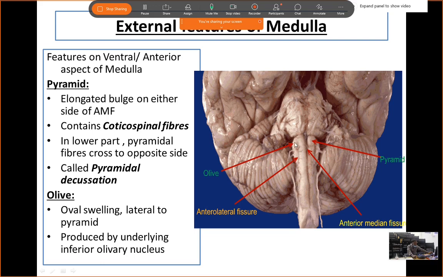This olive is produced due to the inferior olivary nucleus. Just beneath it, if we do some dissection, or take a histological section, we can see a nucleus, and that nucleus is the inferior olivary nucleus.